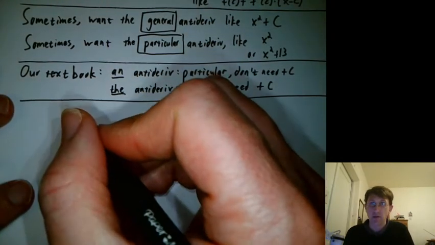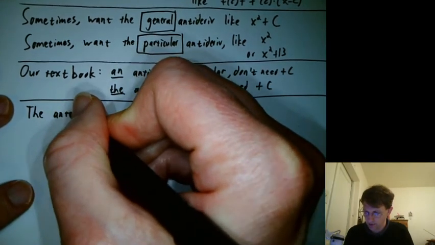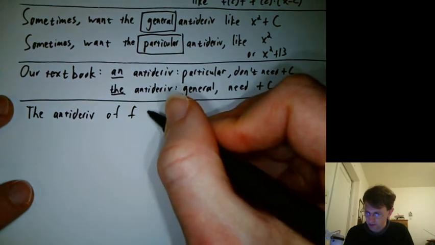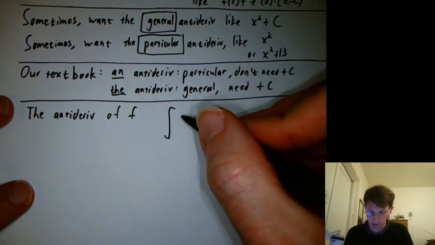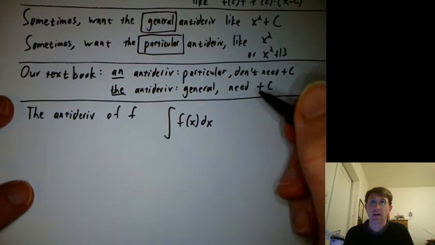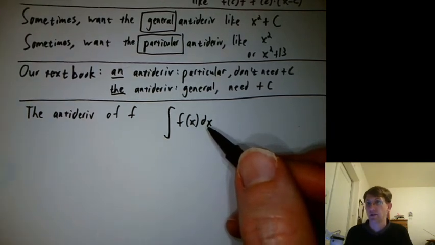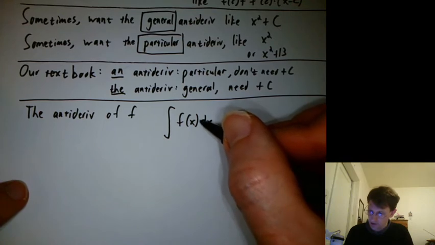So there's new notation here. If we say the antiderivative of f, it is written this way, this big new sign that's called an integral sign, f of x dx, and we'll explain more what the dx means later. It is related to the differentials we talked about in chapter 4.4, and it is really a multiply.